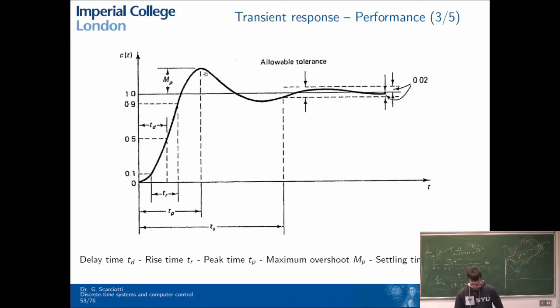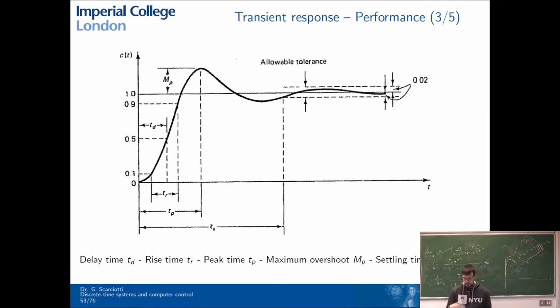The maximum overshoot is defined as the maximum peak value of the response measured with respect to unity, if the steady state is the unity. If the steady state is not the unity, then we can define the maximum percent overshoot, defined as the difference between the overshoot and the value of the steady state, divided by the value of the steady state, times 100.